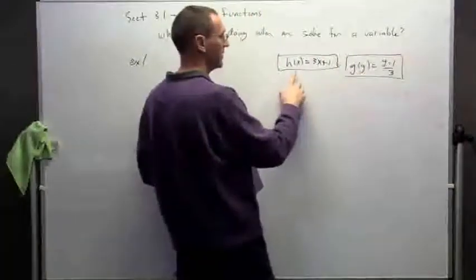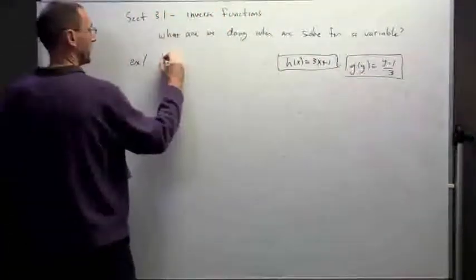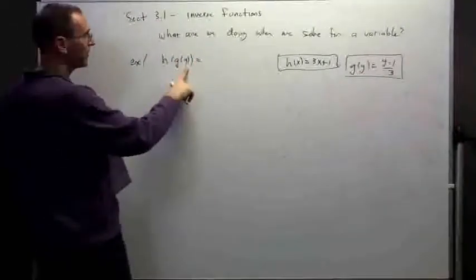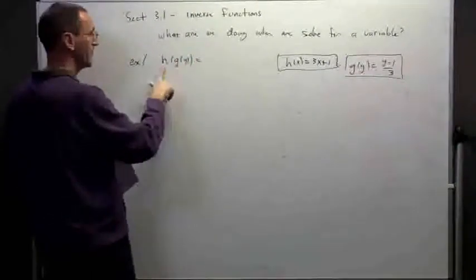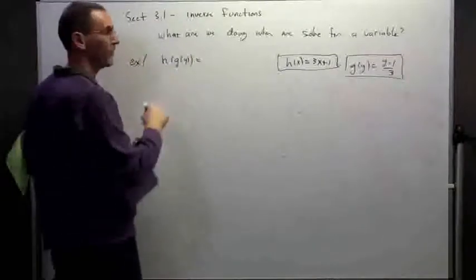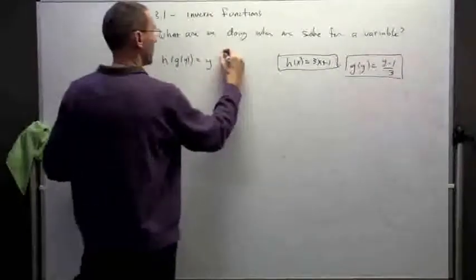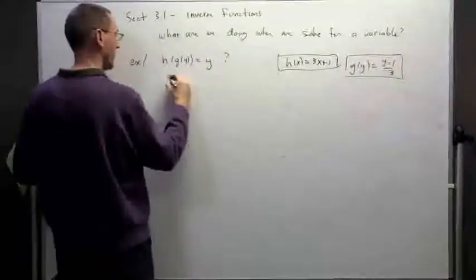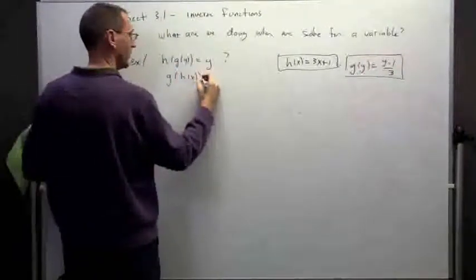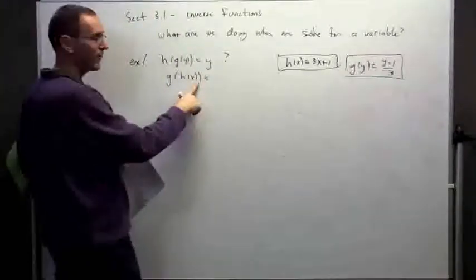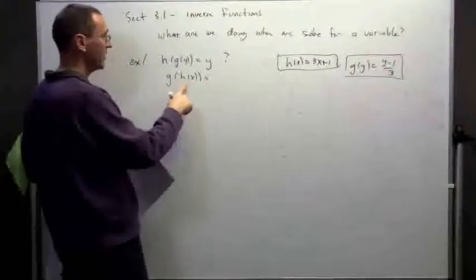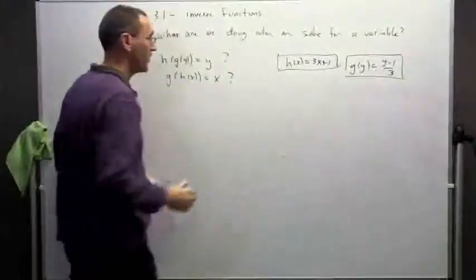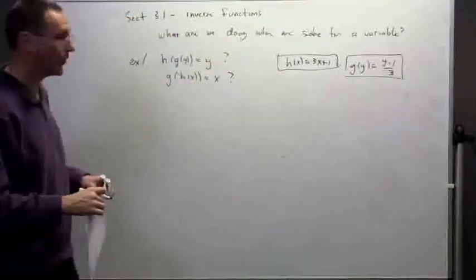So if I compose these, if I look at h of g of y, this is the value for x associated with y, but then h tells me what the y value is associated with x. So I should get the value of y right back out of there. Likewise, if I go the other way, h tells me the value of y associated with x, but g gives me the value of x associated with y. So I'm hoping I should get that if everything goes according to plan.